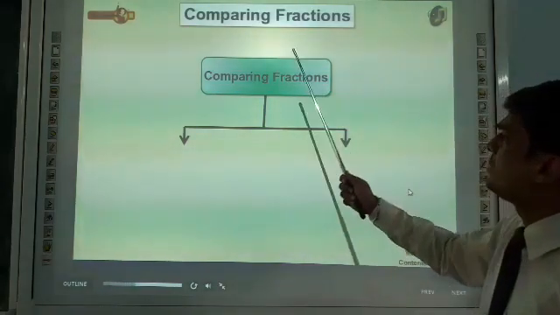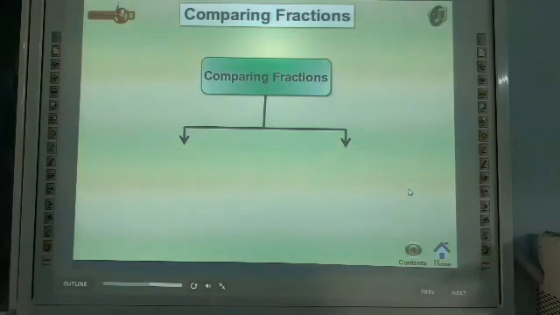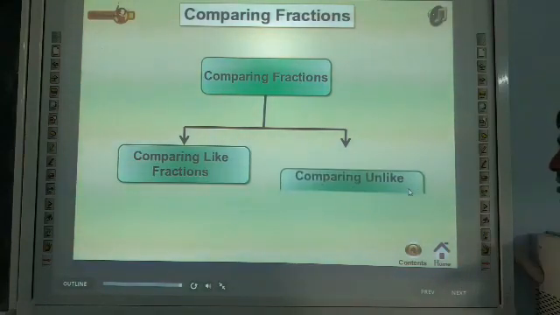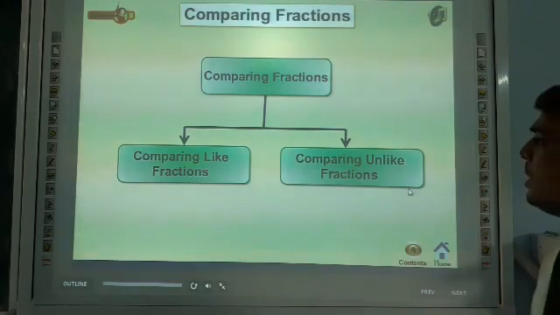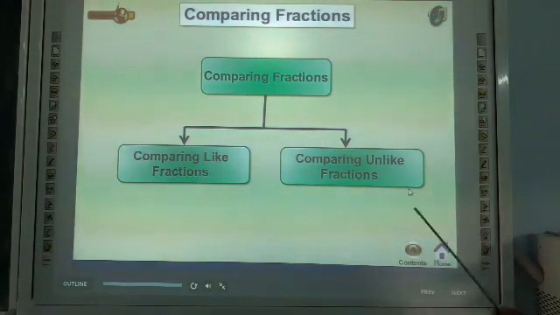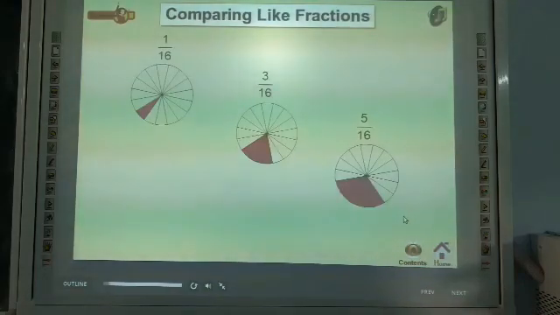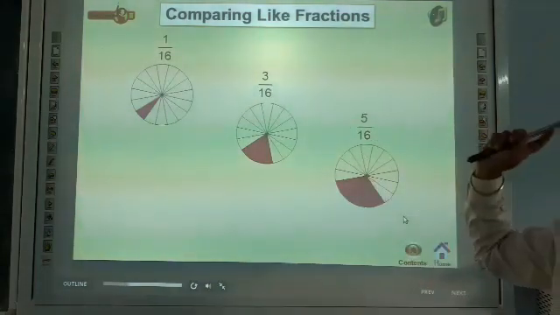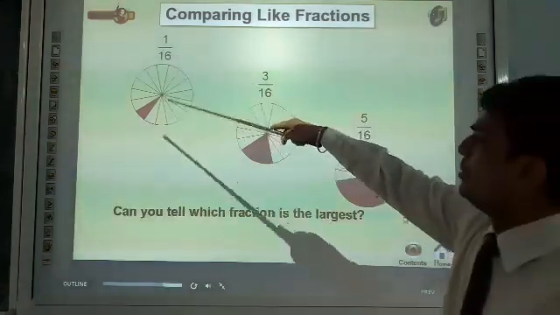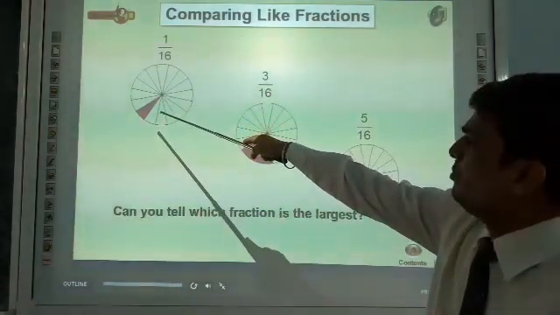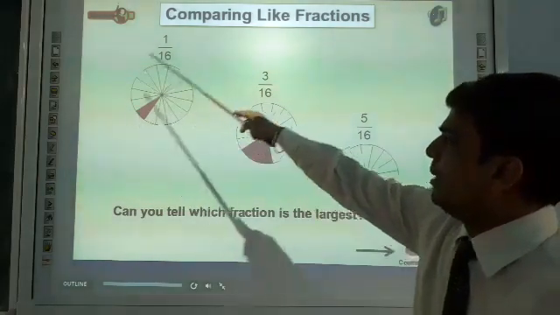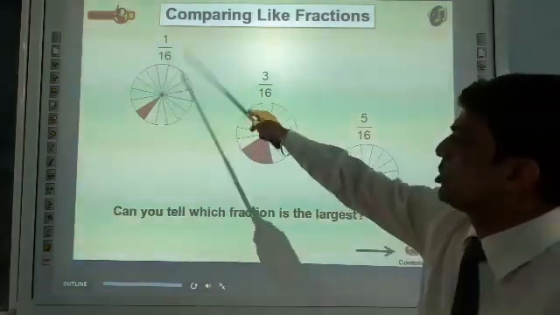Comparing fractions, between two parts: comparing like fractions, comparing unlike fractions. Comparing like fractions, look at this. Shaded portion 1 and total number of parts 16.